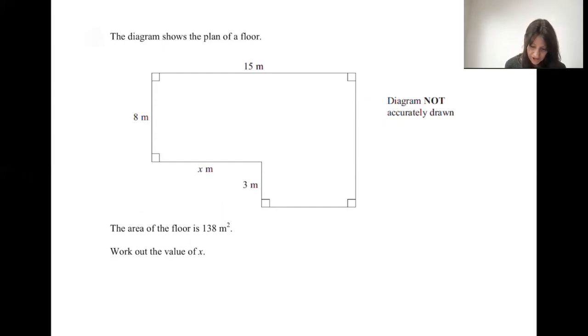Okay, so this question, I am being told that the area of the floor is 138. So I've got some information on the edges. I know the total area is 138. And I know this edge here is X, and that's what I've got to try and work out. So I'm going to split my shape and I'm going to find the area of this bit first.